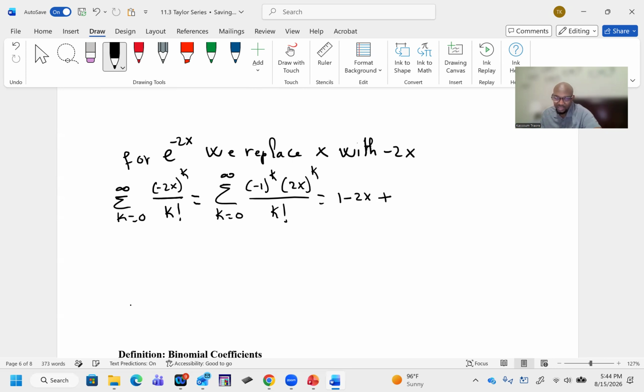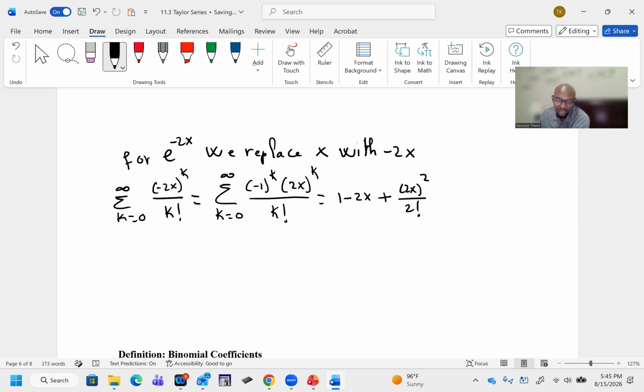If k is 2, we have 2x squared divided by 2 factorial.